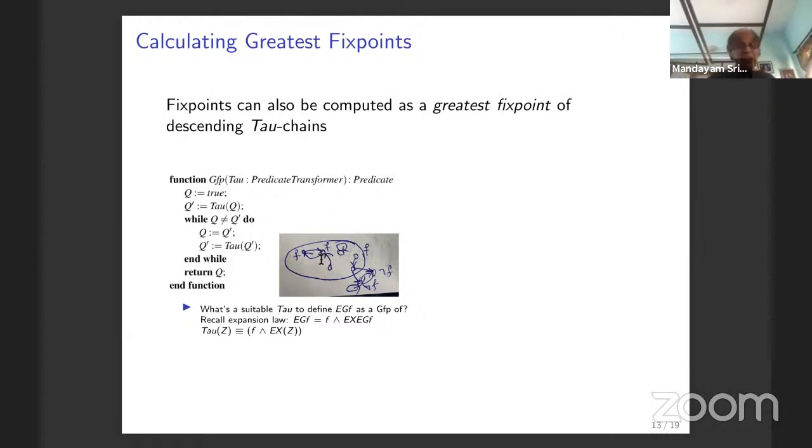Whereas here, you don't have a symbolic representation for the strongly connected components.